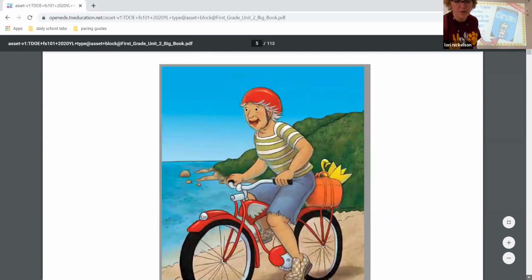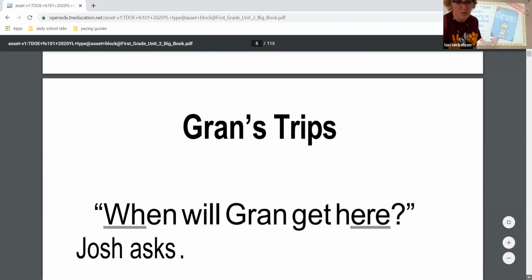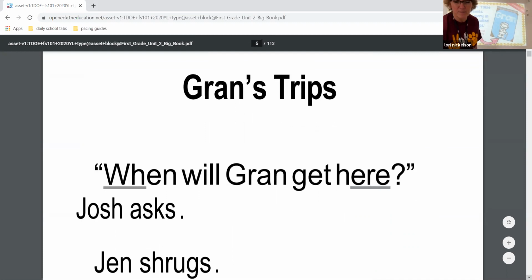And there's Gran right there on that bicycle, huh? So Gran's Trips. All right, so what I'm going to do is I am going to read this to you about Gran's Trips, and we will discuss it.